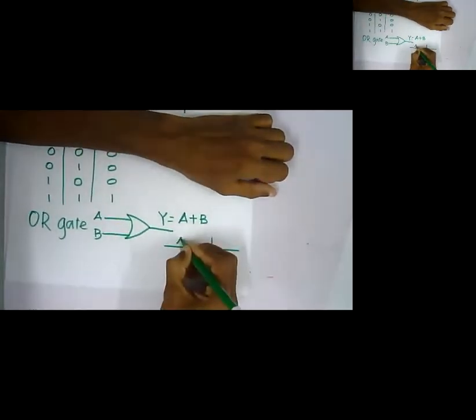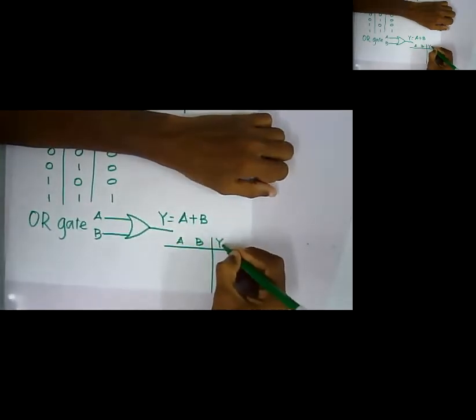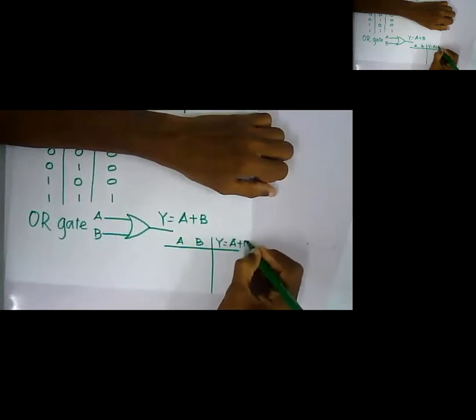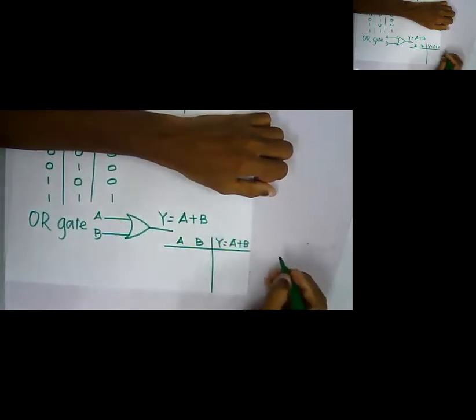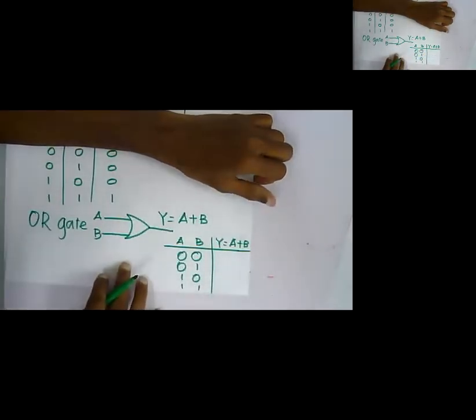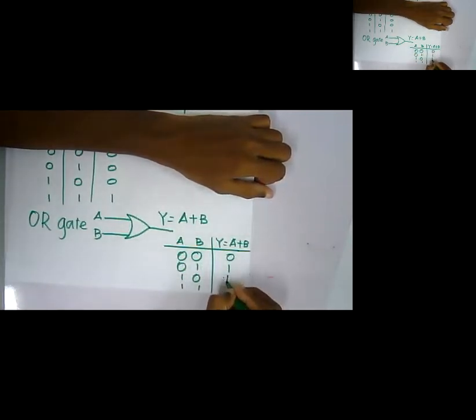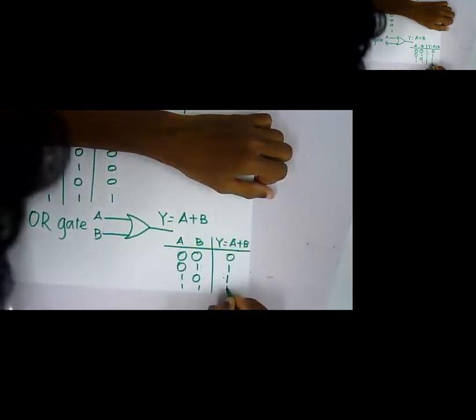Since I have two variables, it would be 0 0, 0 1, 1 0, and 1 1. 0 plus 0 becomes 0, 0 plus 1 becomes 1, 1 plus 0 becomes 1, and 1 plus 1 also becomes 1.